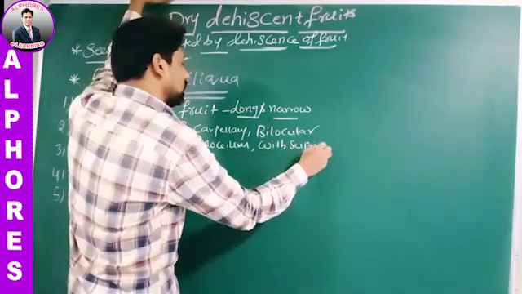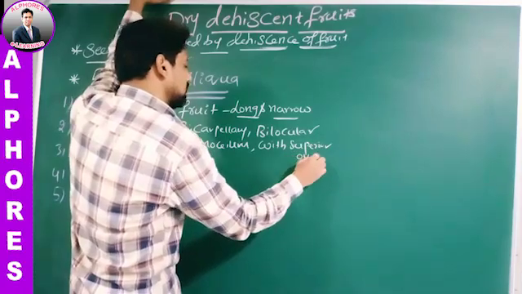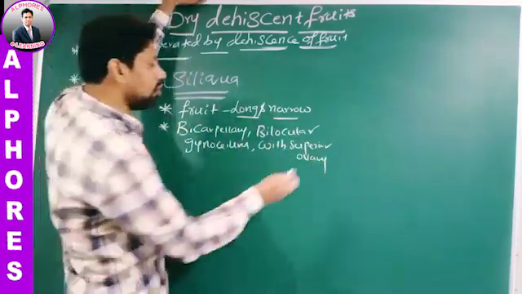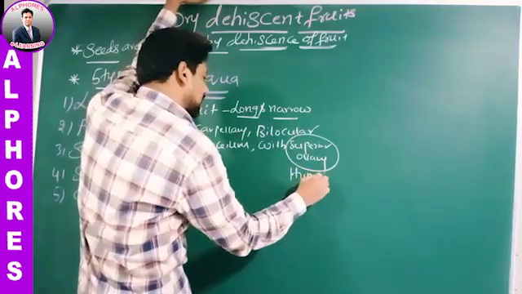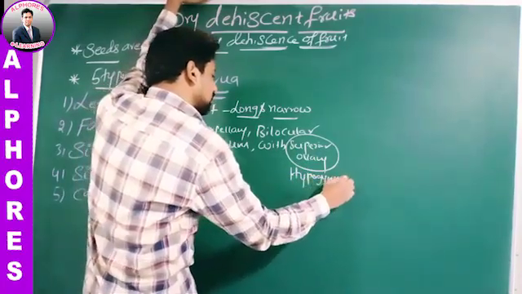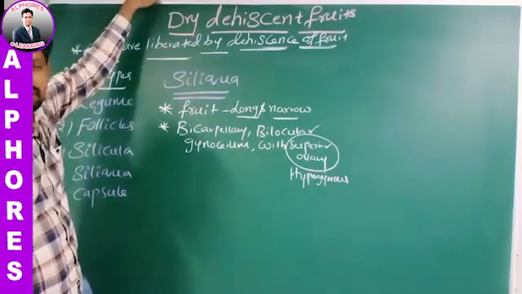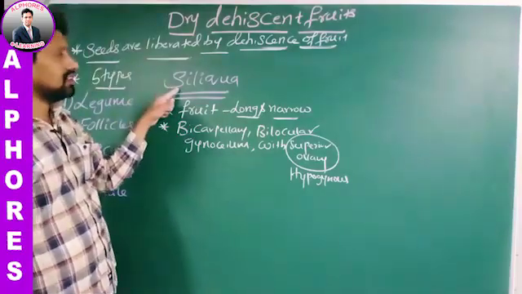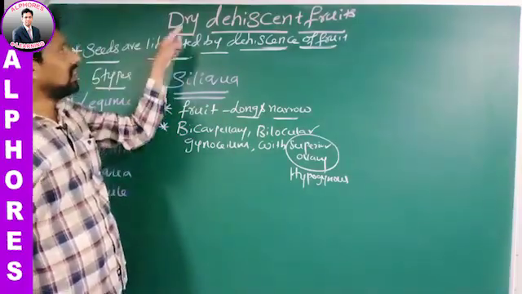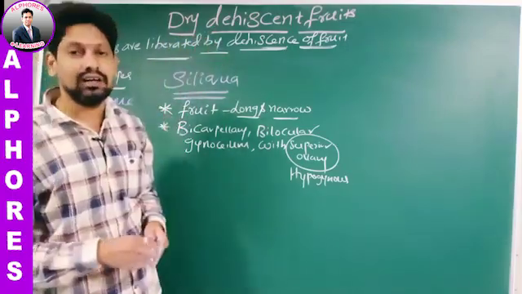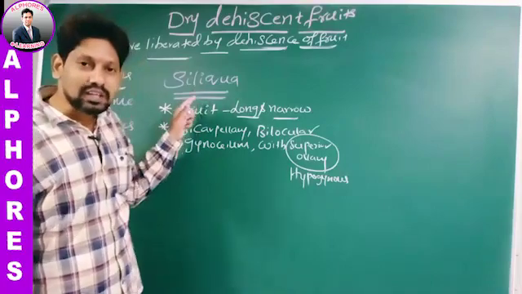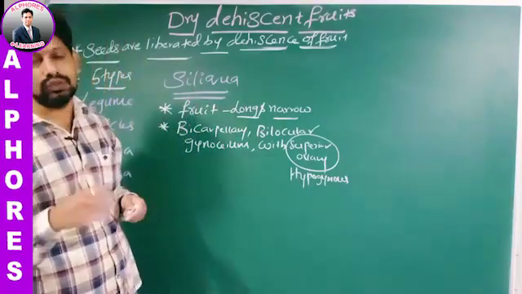Ovary superior means which type of flower? Hypogynous flower. We are discussing Siliqua. Siliqua is a type of dry dehiscent fruit. It means at maturity the fruit has to dehisce.